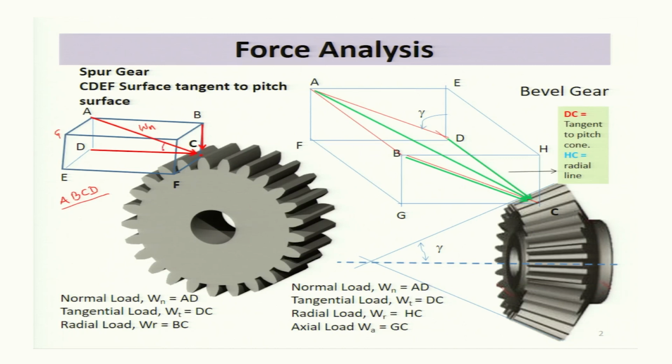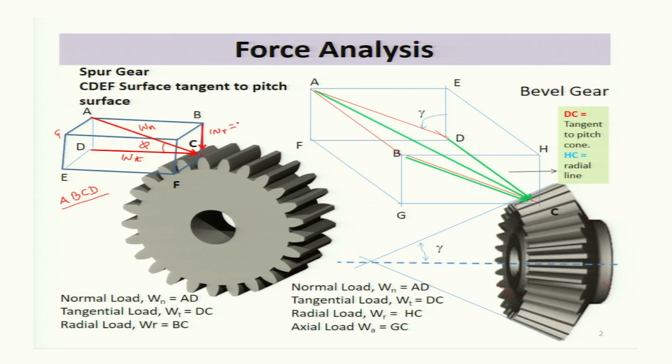Angle ACD was called the pressure angle phi, and thus the component of Wn in the direction of DC, the tangential direction, was Wt, and in the radial direction BC was Wr.